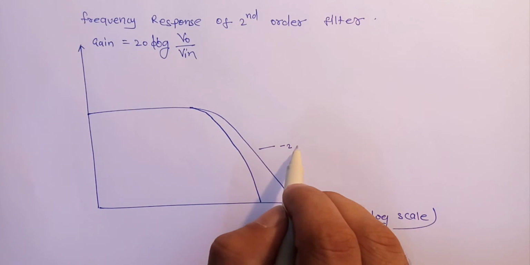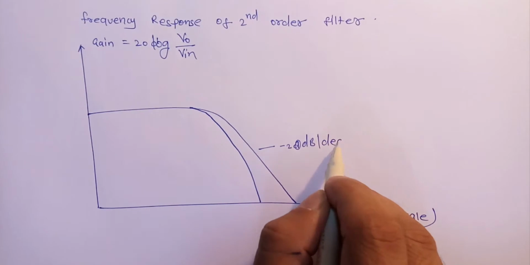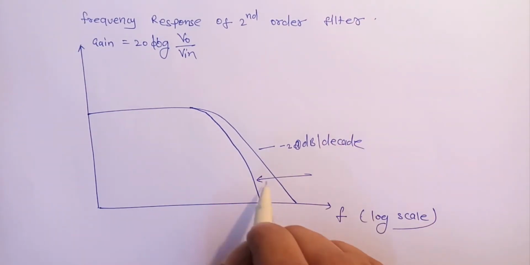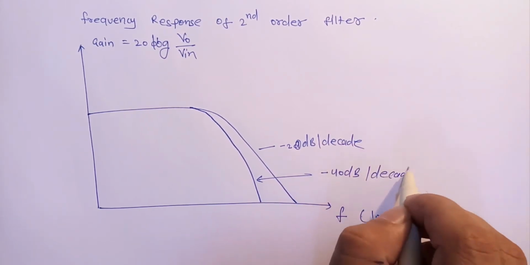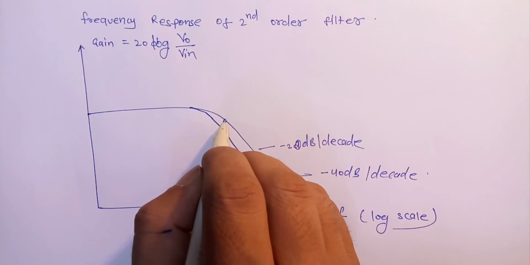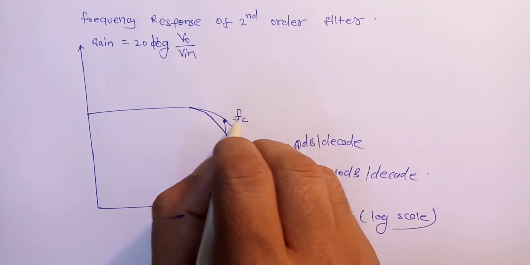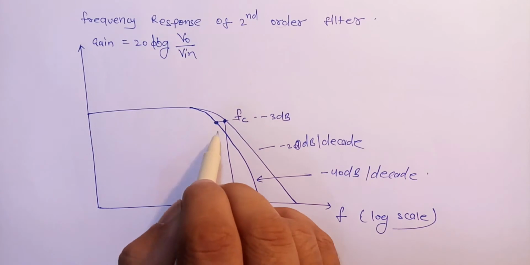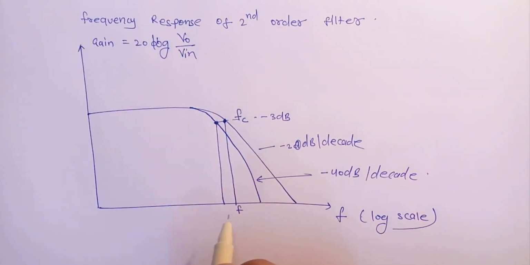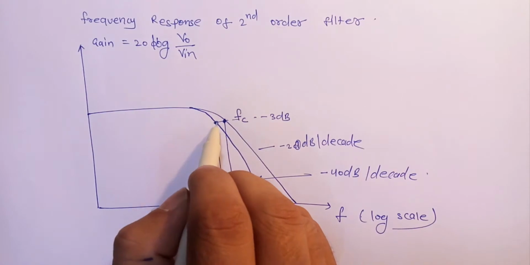So this is minus 20 dB per decade, and here it will be minus 40 dB per decade. There will be FC, the minus 3 dB cutoff for a single order filter. This is FC and this is the minus 3 dB frequency of the second order filter.